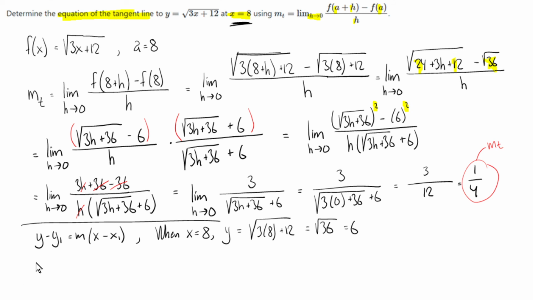So now we can plug it in here. y minus the y-coordinate, which was 6, equals the slope, a quarter, times x minus the x-coordinate, which was 8. We're going to rewrite this in general form. We expand this and move everything over to the left-hand side.